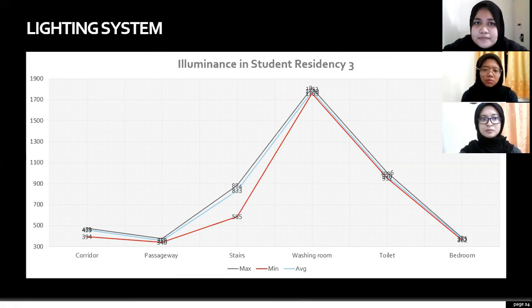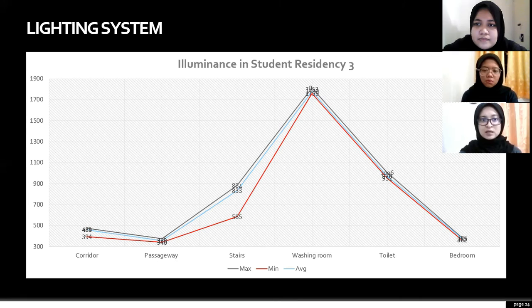Next, the lighting system. This is the illuminance in Student Residency 3. Illuminance is the total luminous flux incident per unit area. It measures how much the incoming light brightens the surface, wavelength weighted to coincide with human brightness perception.